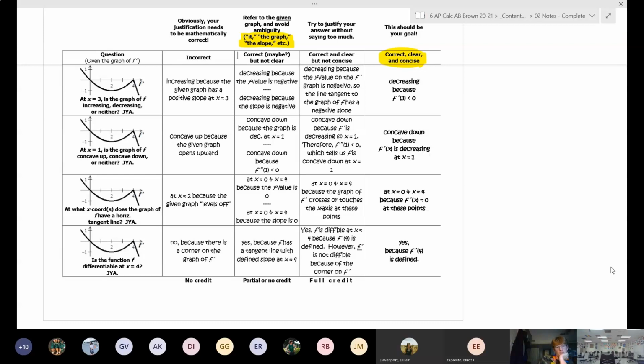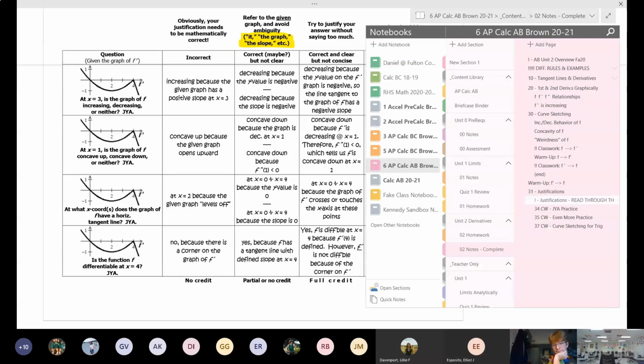One of the answers I have is: decreasing because the y value on the f prime graph is negative, so the line tangent to the graph of f has a negative slope. Congrats for using a lot of words, but just don't be wordy. I want you to say exactly what you mean. If you're looking at this very last column, just look how nice and clear and concise and easy to grade those explanations are. So I do want us to worry about being clear and concise.